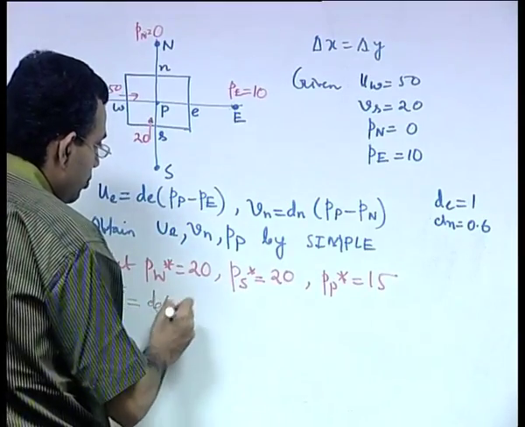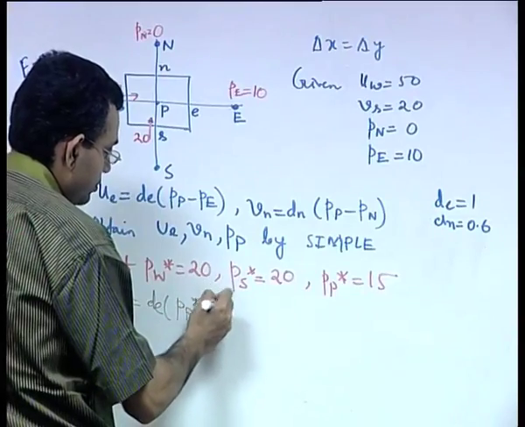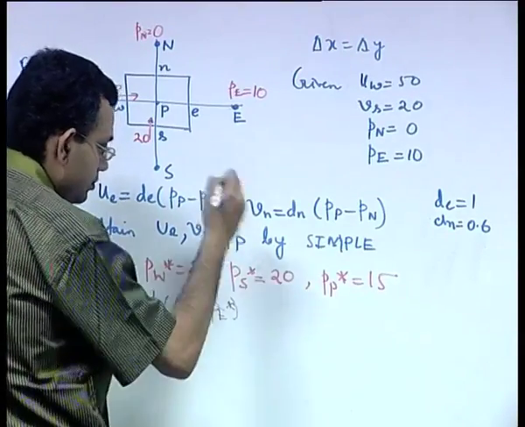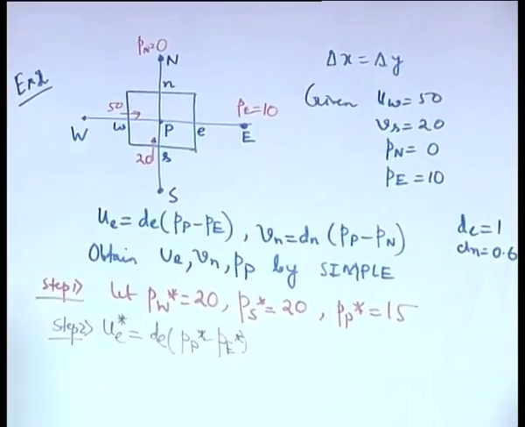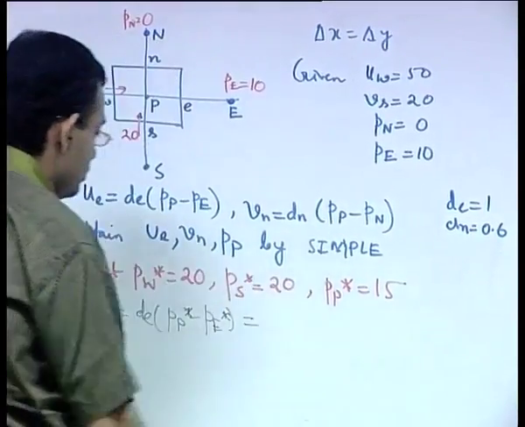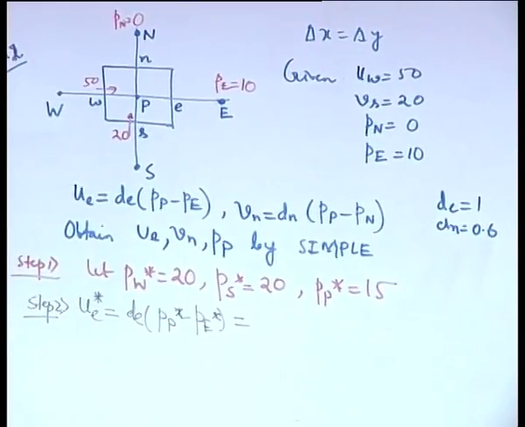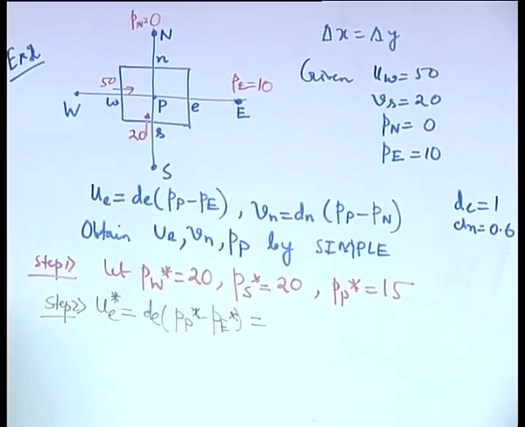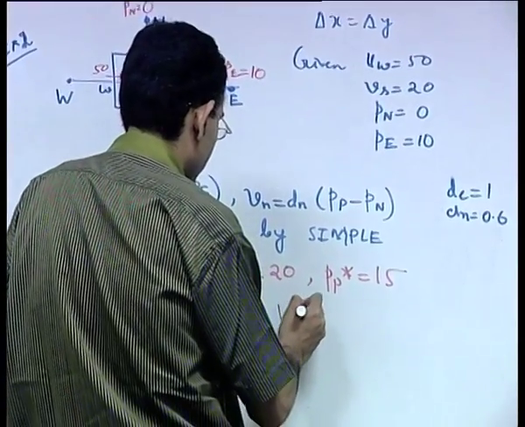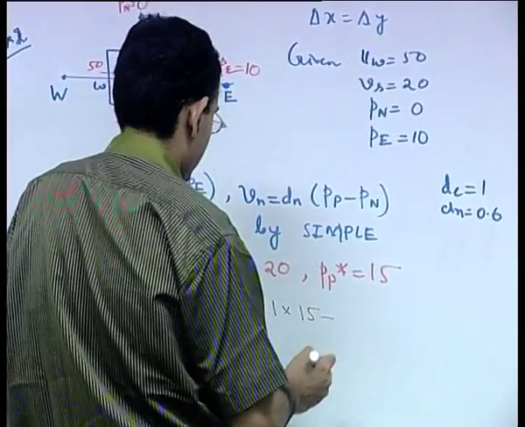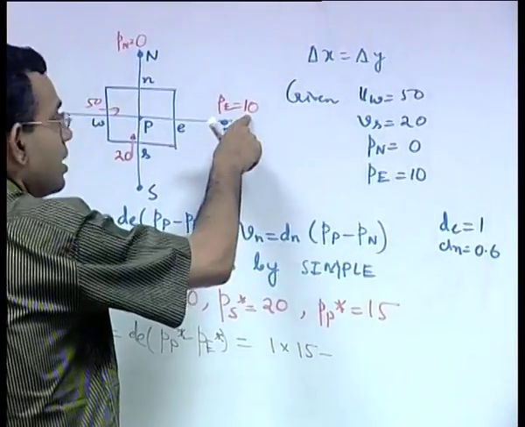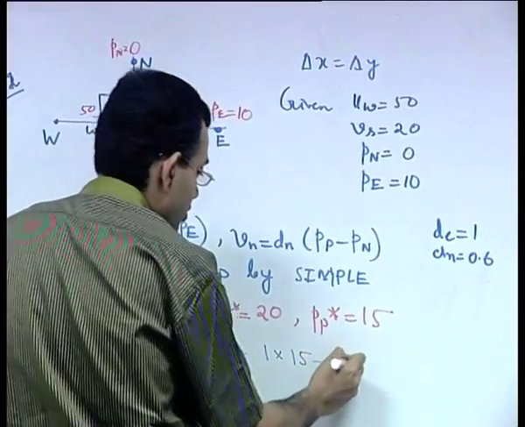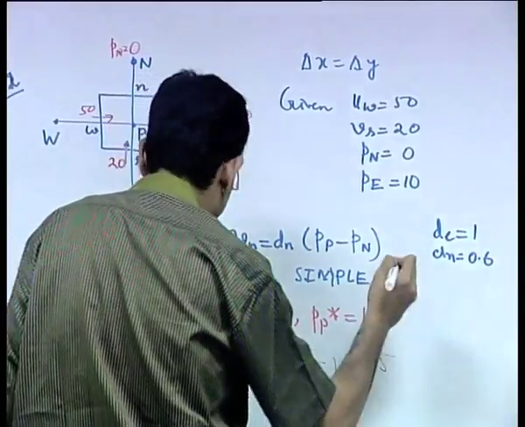It will be dE into Pp star minus Pe star. So, 1 into 15 minus, what is Pe star? Pe star is same as Pe, which is given equal to 10. So, this is equal to 5.